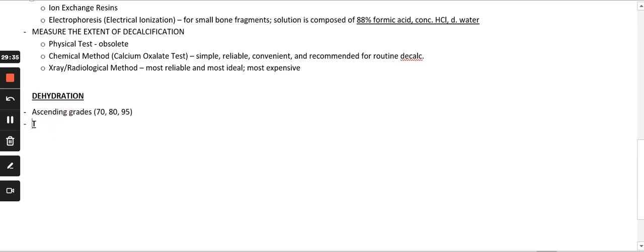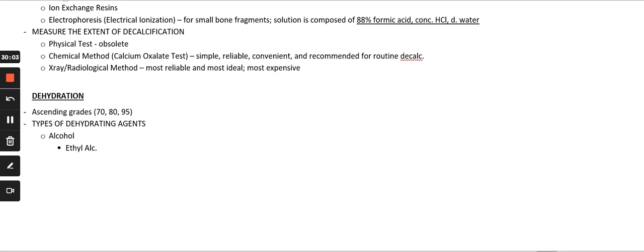Now, we have different types of dehydrating agents. Under this one, we will only talk about the alcohols. Now, alcohol, guys, another prime example is your ethyl alcohol, your ethanol.